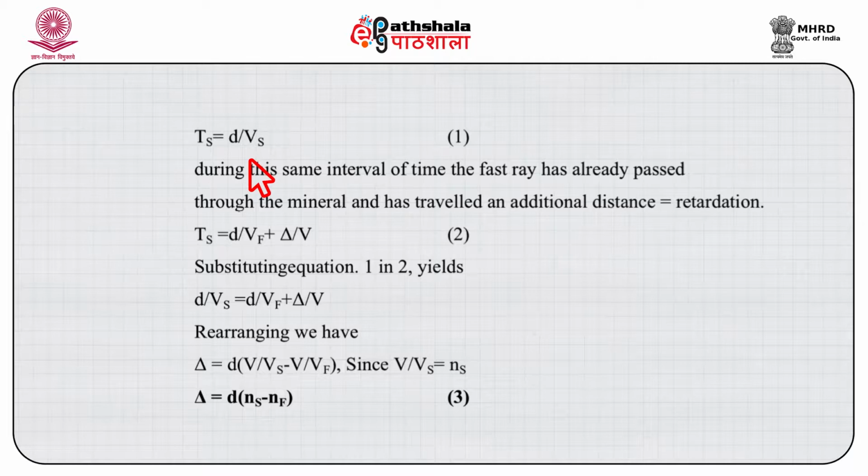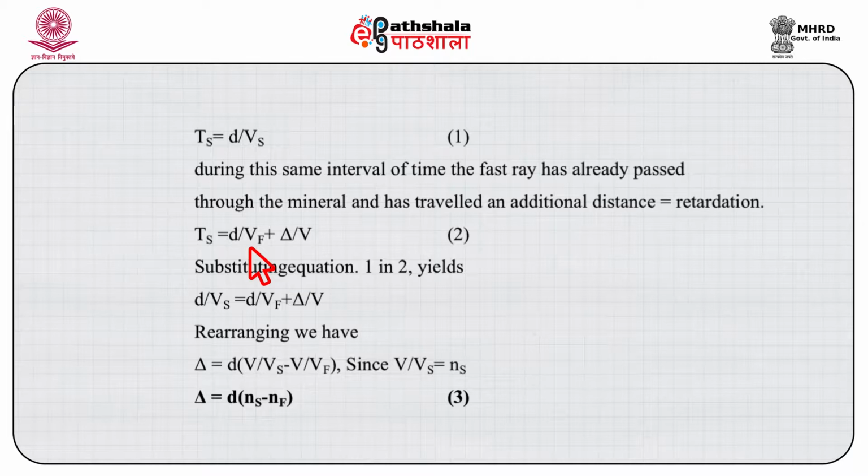During this same interval of time, the fast ray has already exited the mineral and has travelled an additional distance which is equal to the retardation. That means that the time taken by the slow ray will be equal to d, the thickness of the mineral, divided by the velocity of the fast ray, plus the retardation divided by the velocity of the light travelling through that anisotropic crystal.